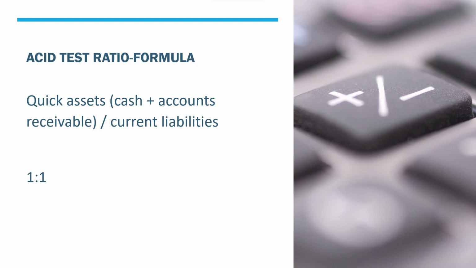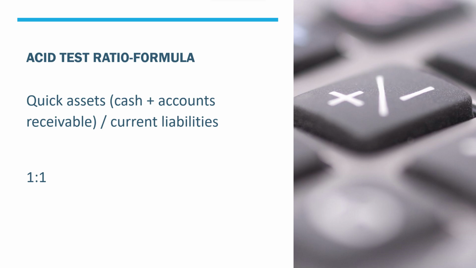A company with less than a 1 to 1 asset test ratio will want to create more quick assets. It can do this by offering discounts to increase sales, collecting on accounts receivable, possibly offering special terms for early payment, or asking shareholders to invest more cash in the company.